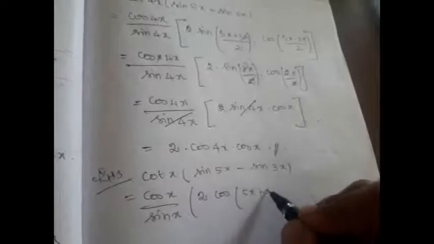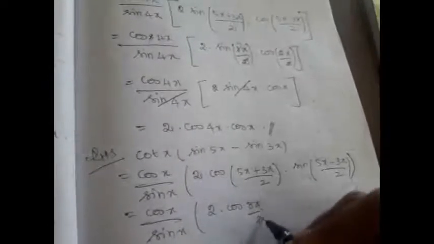Now we are going to take our right hand side, the same way you solve it: cot x into sin 5x minus sin 3x. So this is cos x divided by sin x, and sin minus sin means cos sin, so 2 cos of (5x plus 3x) divided by 2 into sin of (5x minus 3x) divided by 2.